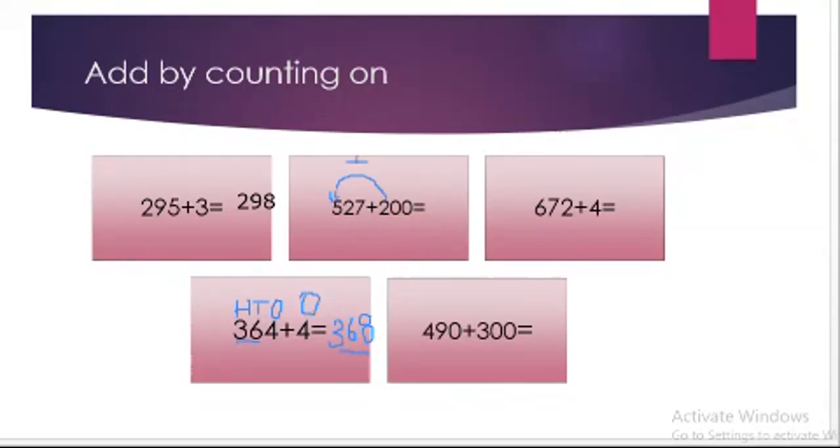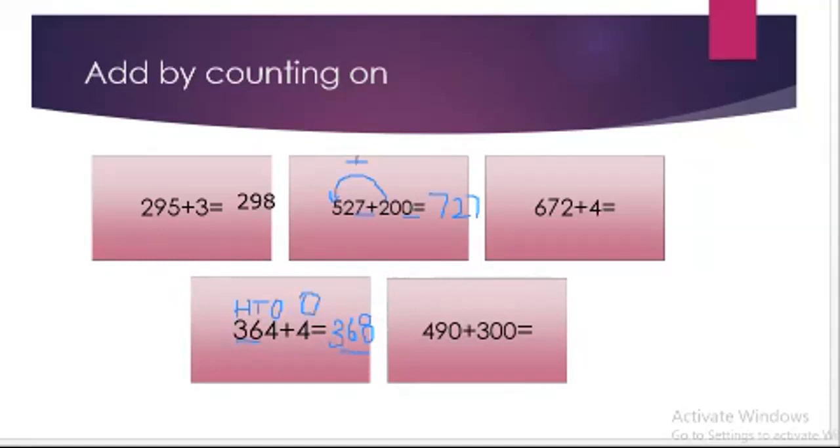So you will write down 7. When we add 2 and 0, our answer will be the same, that will be 2, and the last number when we add 7 and 0, again our answer will be the same. So you see that the answer is the same, that is 727, but it has two methods.